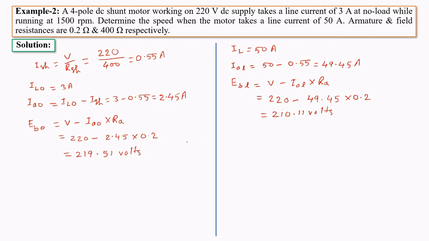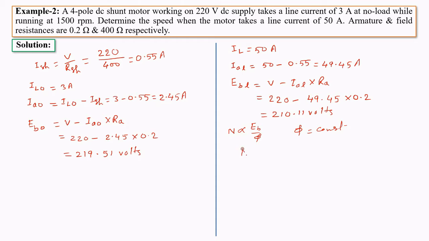We know that for a DC shunt motor, the speed is proportional to back EMF upon flux. Now, if we consider flux is constant, because in both the conditions the shunt field current is the same, therefore the flux can be considered as a constant value.